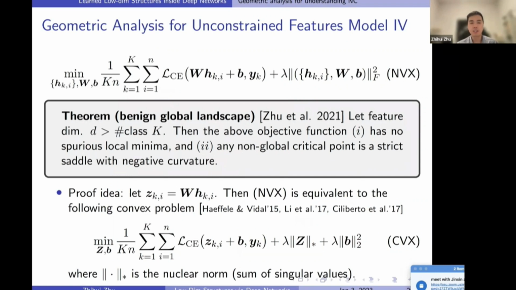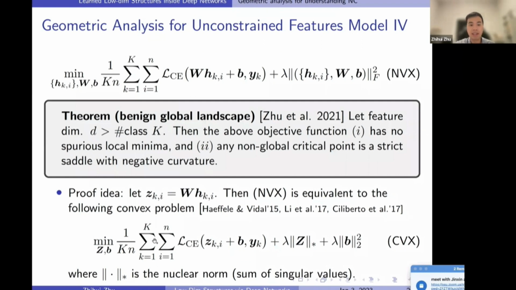All right, so now let's briefly talk about how we establish our global landscape analysis. The proof idea is that, as we mentioned before, this non-convex problem is related to the matrix factorization problems, and we can further relate that one to convex problems.